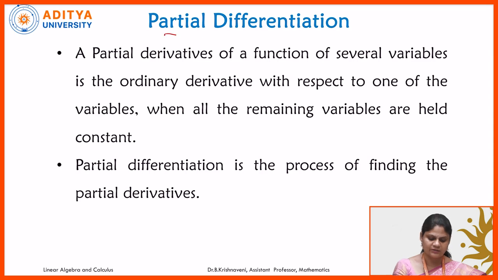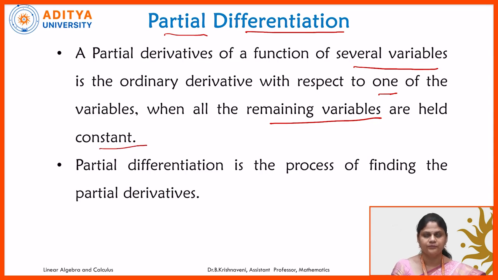First, we will start with partial differentiation. A partial derivative of a function of several variables is the ordinary derivative with respect to one of the variables when all the remaining variables are held constant. So, it is also a derivative in which we differentiate with respect to two or more variables. An ordinary derivative is the derivative of a function with dependent and independent variables.